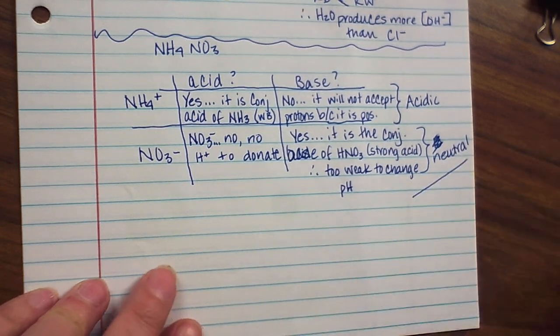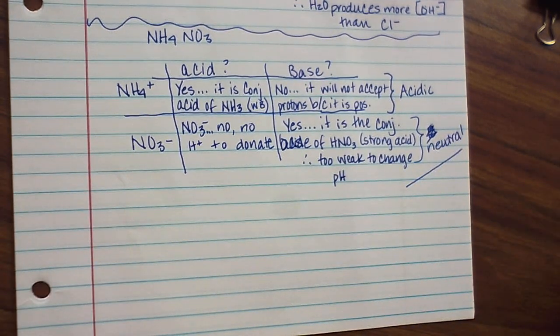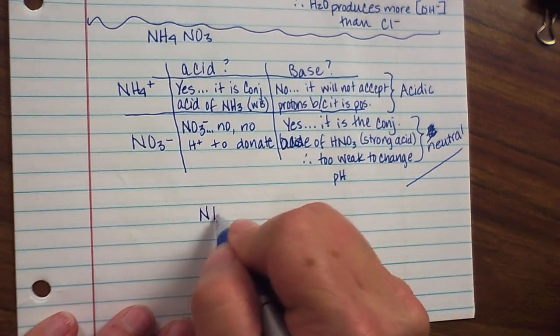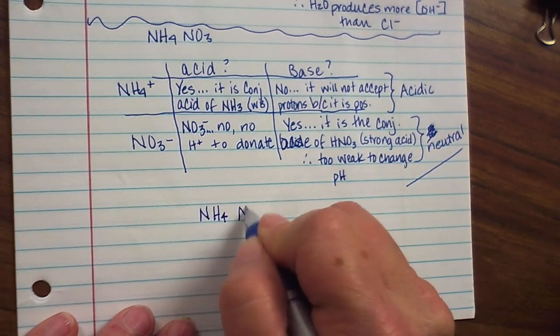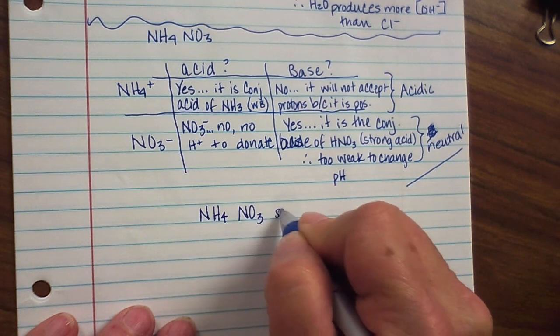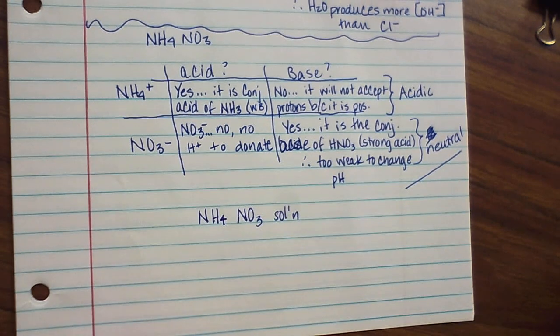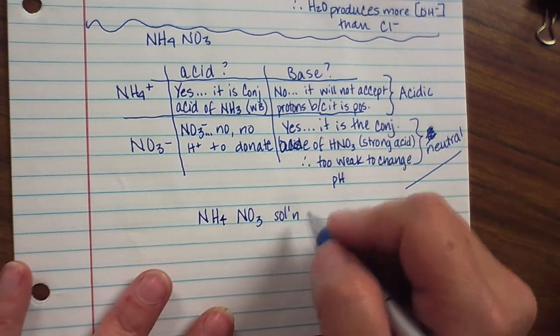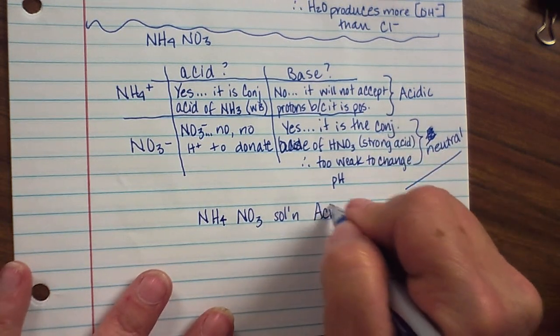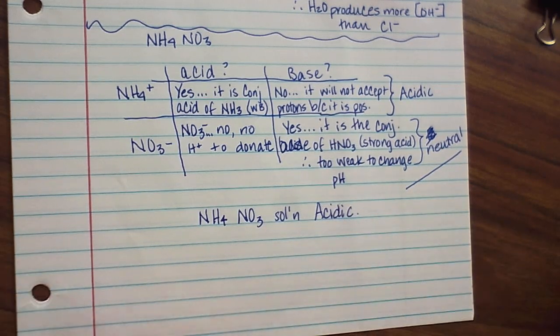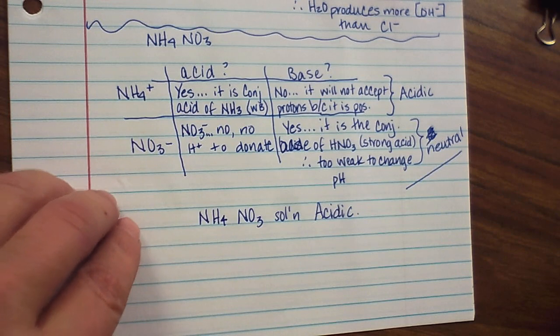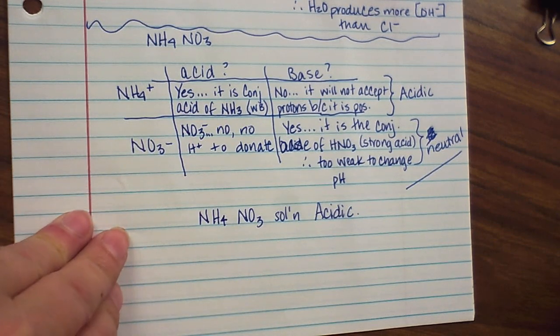So now when I go to write what this is going to be, NH4NO3 solution is going to be what? Acidic. Okay? I hope you're starting to realize how important knowing those strong acids and bases are. Gotta know them. Okay.